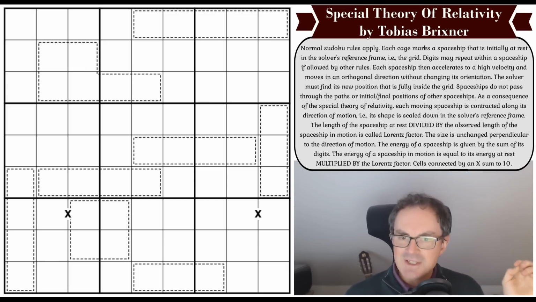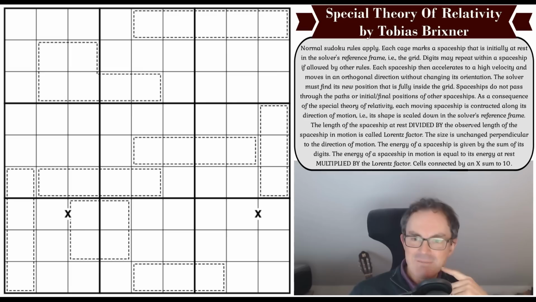As a consequence of the special theory of relativity, each moving spaceship is contracted along its direction of motion, i.e. its shape is scaled down in the solver's reference frame.